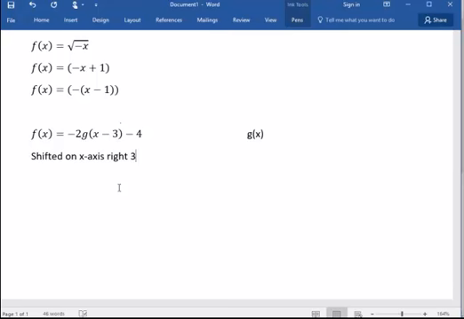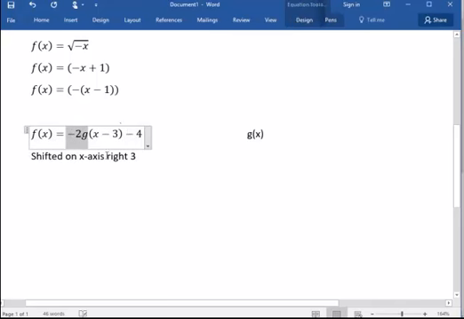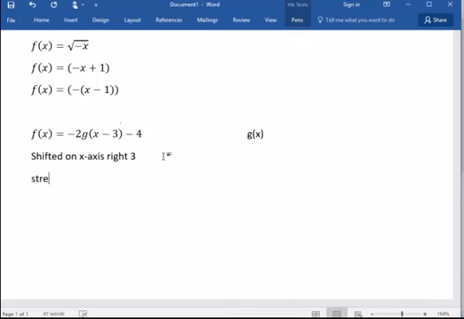Then go outside of your parentheses. I would do the up or down shift last. It doesn't matter, but it's usually safer because you don't make mistakes that way. Look out here. This stretched it by a factor of 2, the y values, because that 2 is on the y. It's not on the x. So now the y values are twice as big as they were, so the graph is stretching and going up quickly.